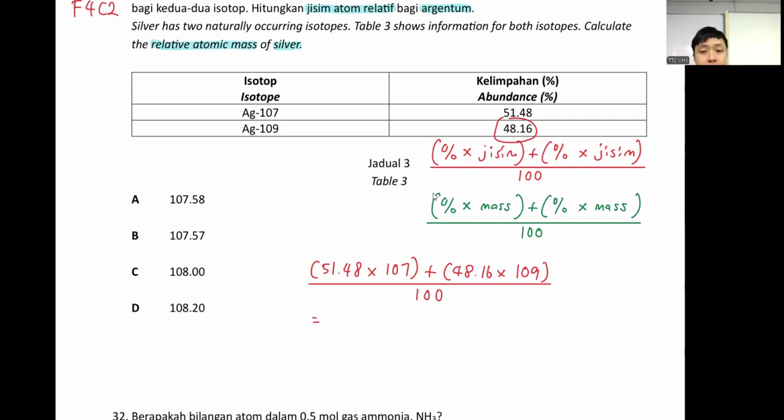Now what do you get? Let me use calculator. So 51.48 multiply 107 plus 48.16 times 109, divide 100, sorry, you will get 107.578.